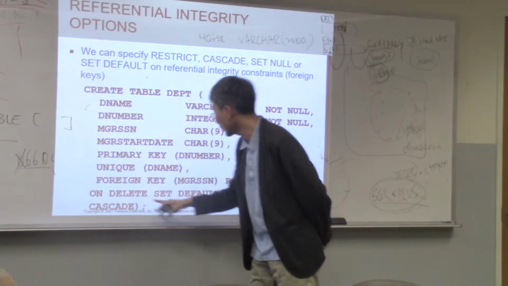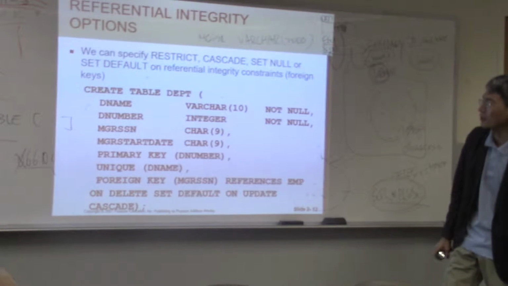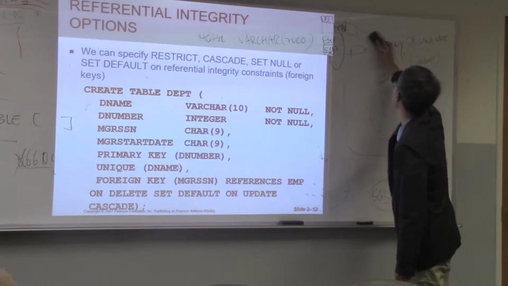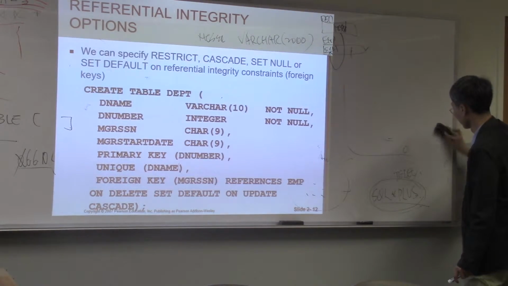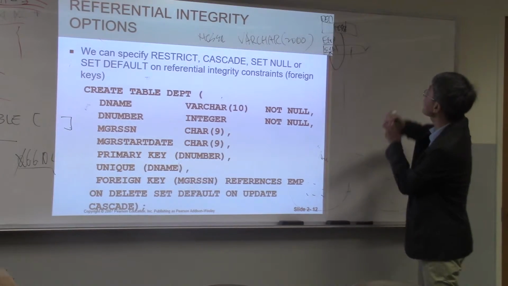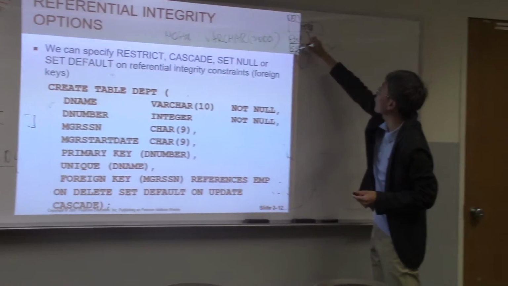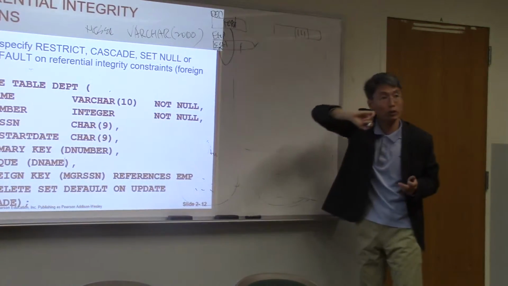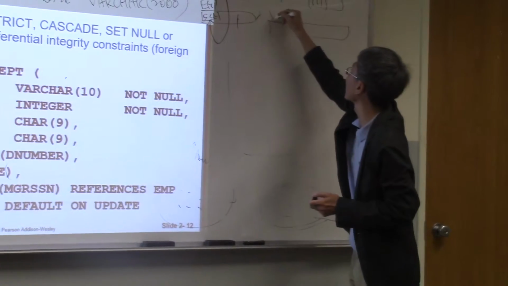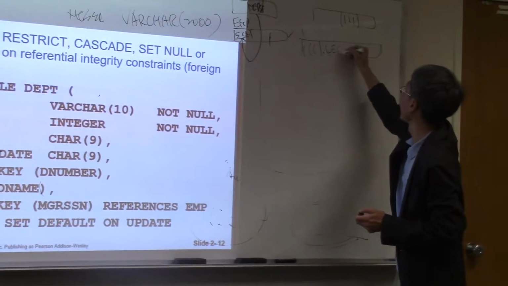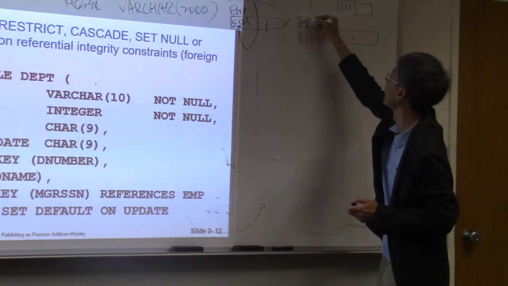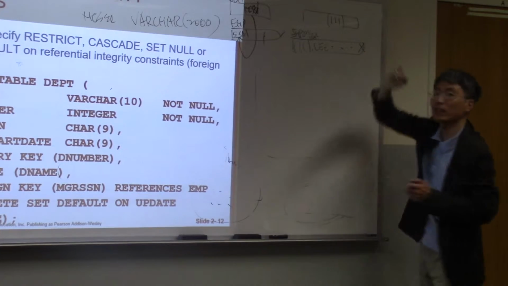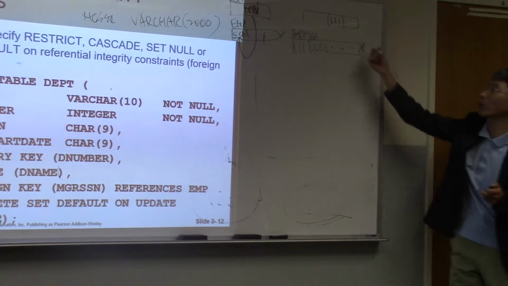However, on delete set default. So this manager social security number refers to this one. For example, if we have 111 as manager social security number, 111 is here in B, and other information on employee. What if I remove this tuple from the employee table?